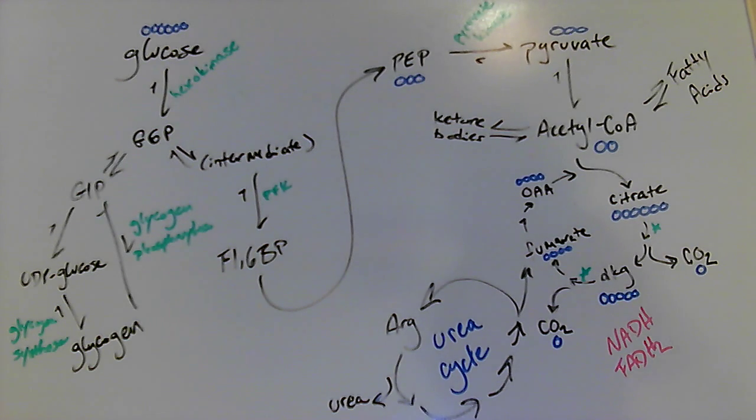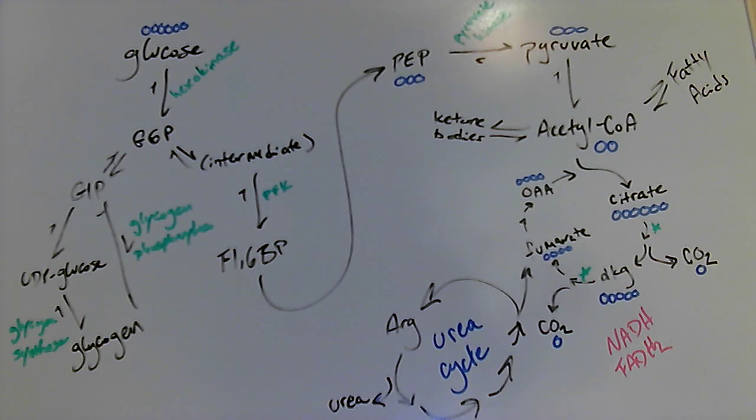Reversible means that the energetics of the substrate and the product are relatively equal. That means that reversible reactions exist relatively near equilibrium. There's not much more product, there's not much more substrate, and the reaction is generally going back and forth at approximately the same rate. When I say irreversible reactions, that means biologically or functionally irreversible.